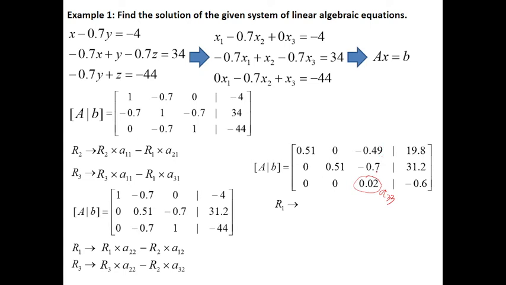So, this will be converted to 0 and this. Therefore, there will be a change of elements in row 1 and in row 2. No change of elements in row 3 kasi ito yung reference natin.